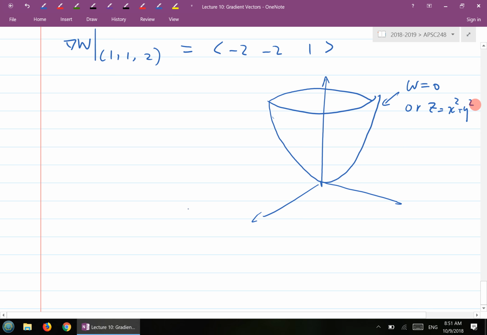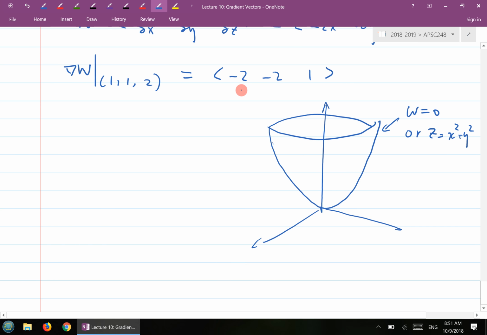So now I'm going to plot this vector, -2, -2, and 1. First, let's just plot -2, -2, 1. If this is the x-axis, this is y, this is z, and x is -2, y is -2. So this is -2 here, and here is -2.